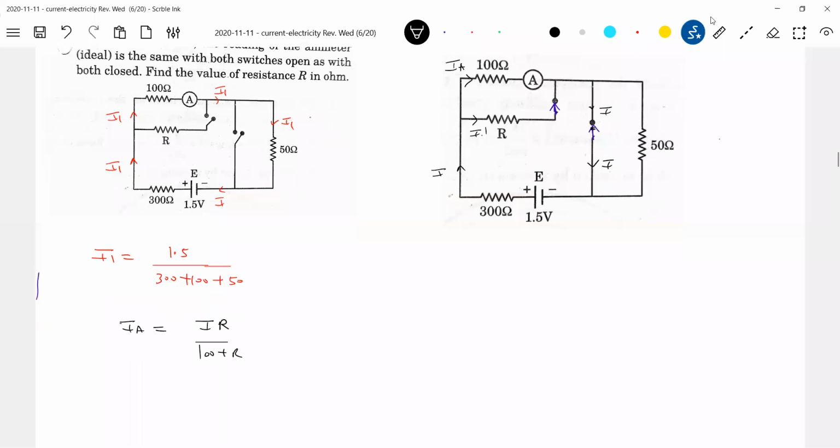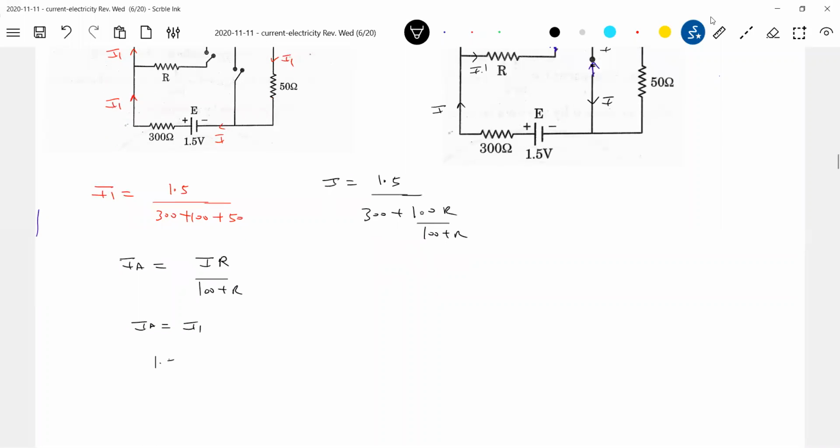What we don't know again are I and R. So how to calculate I? I should be 1.5 by 300 plus 100 R by 100 plus R, as they are in parallel. IA should be I1.